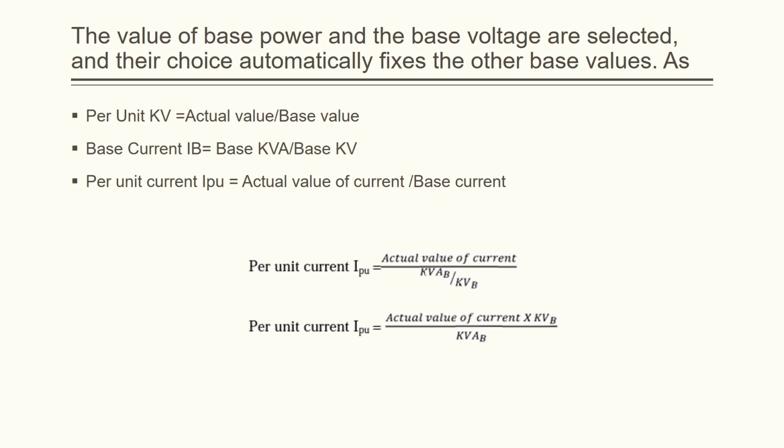Per unit current I per unit is equal to the actual value of current divided by base current. So the per unit current is the actual value of current divided by kVAB divided by kVB, which is again written as actual value of current into kVB divided by kVAB.